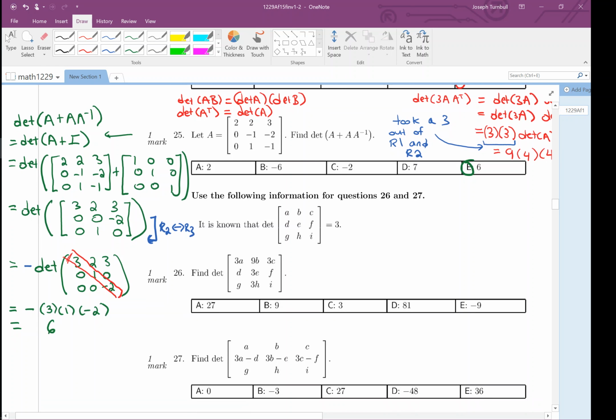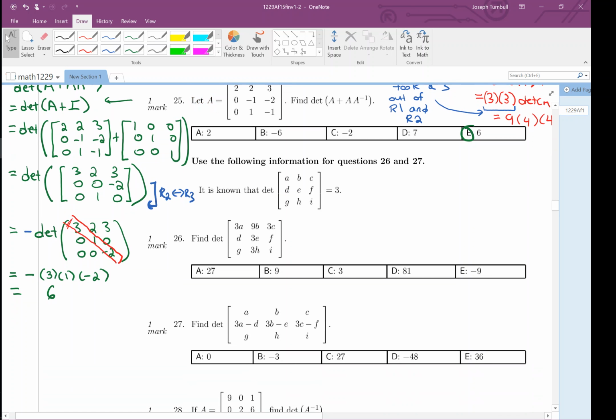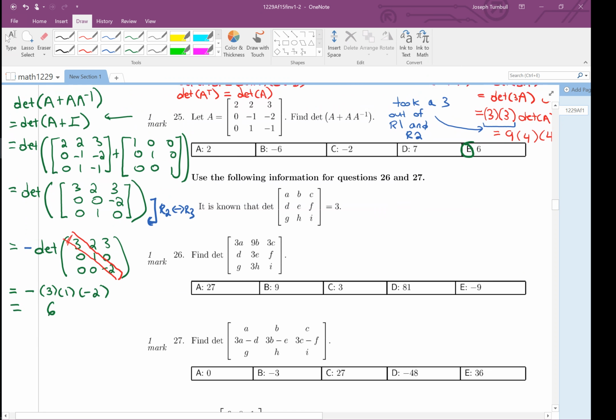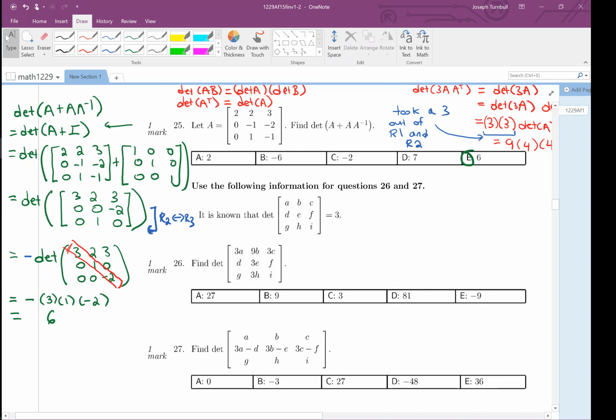Okay. Number 26 is another one of those matrices that's filled with letters. We have the determinant of A, B, C, D, E, F, G, H, I is equal to 3. It's asking what happens if it's multiplied by some constants.